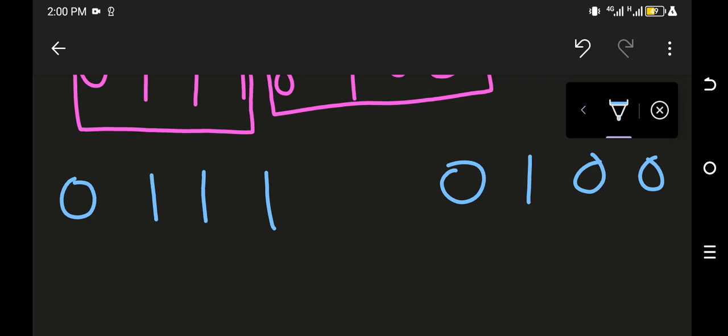The next thing is to convert these numbers into decimal. How do we do that?